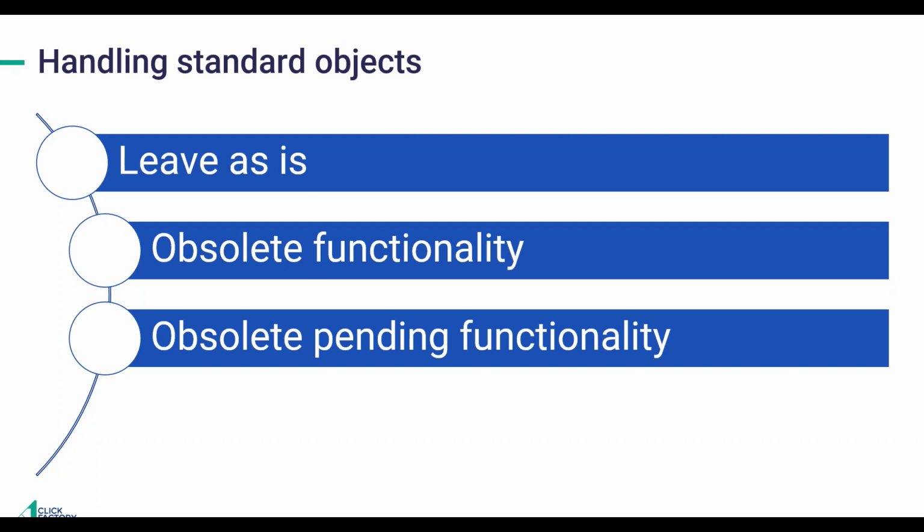Probably the best example would be sales and price management, which is marked as obsolete in version 16 of Business Central. That means in the next version, you won't be able to utilize those codeunits, those tables. So you have to cater for that when you are refactoring your code.